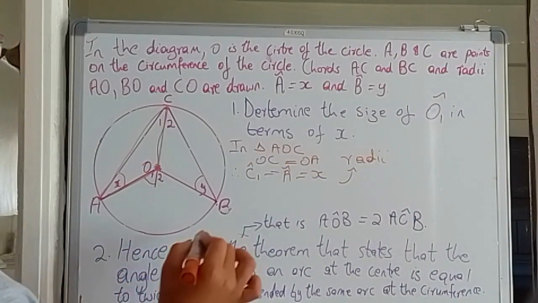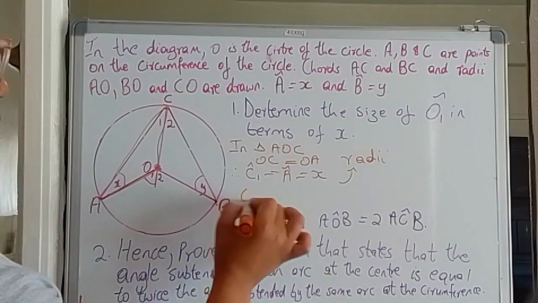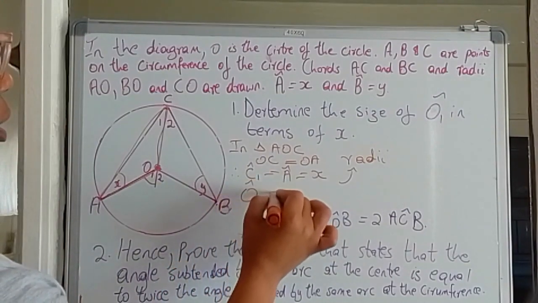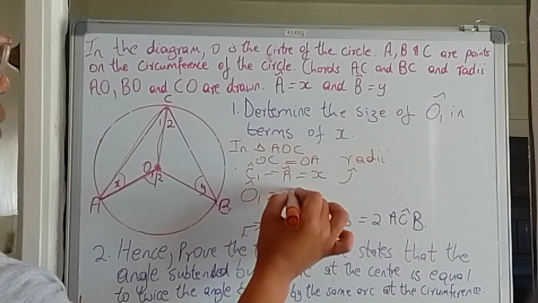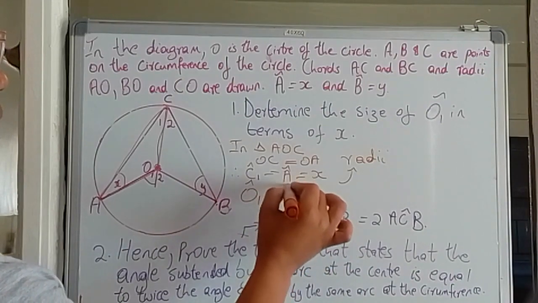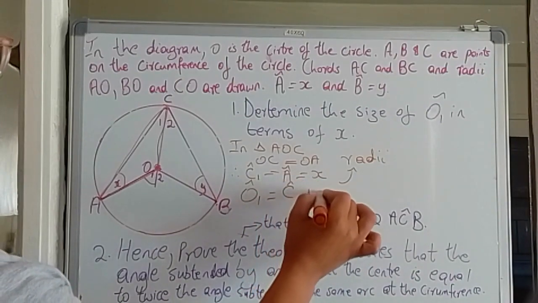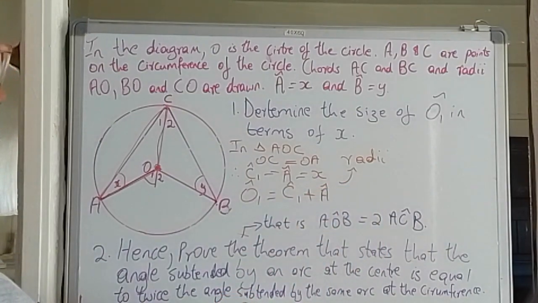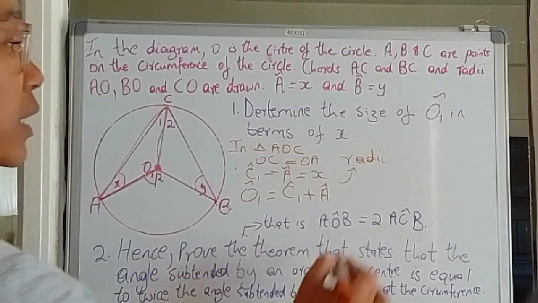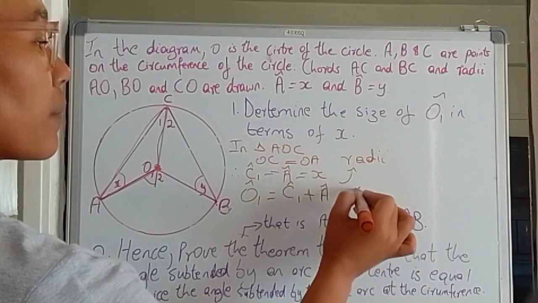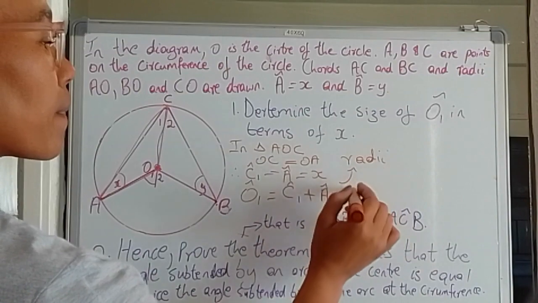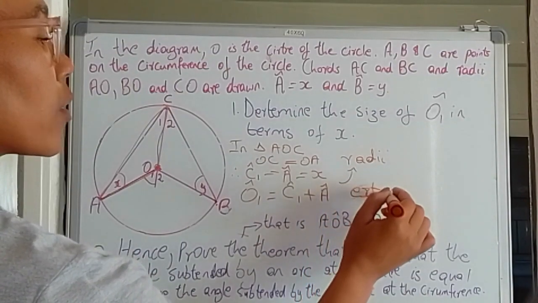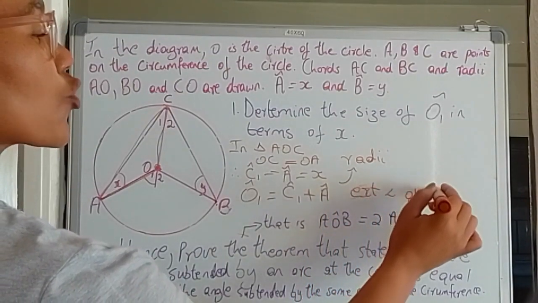Okay, and then what will O1 be then? O1 will be equal to angle C1 plus angle A. Okay, what is our reason in this case? It's the exterior angle of a triangle.